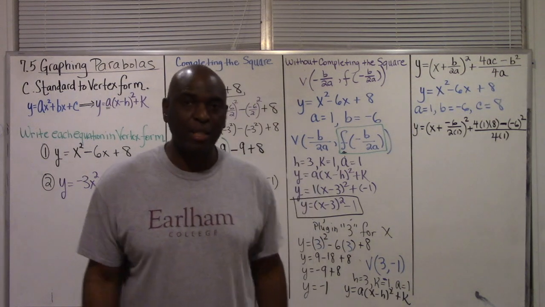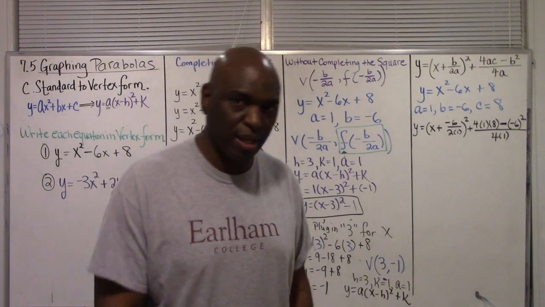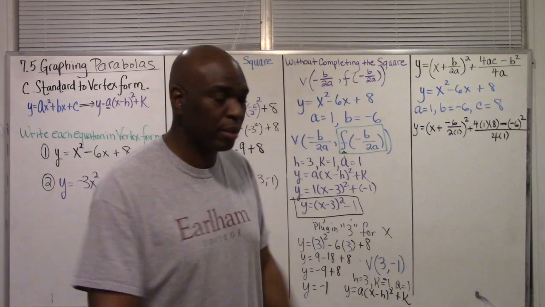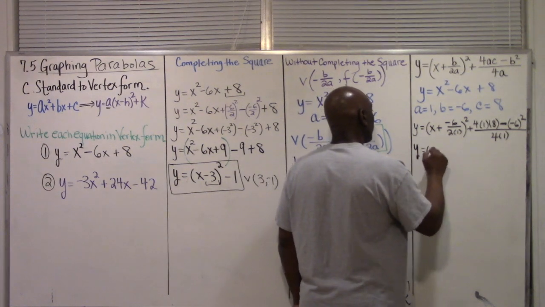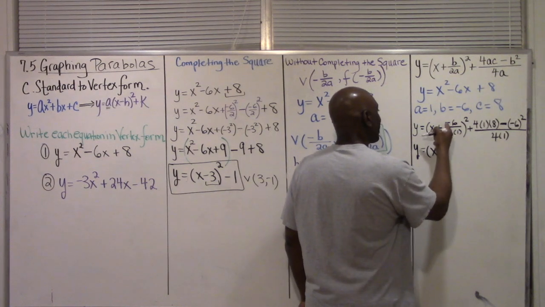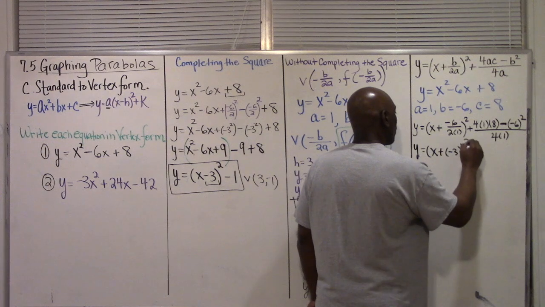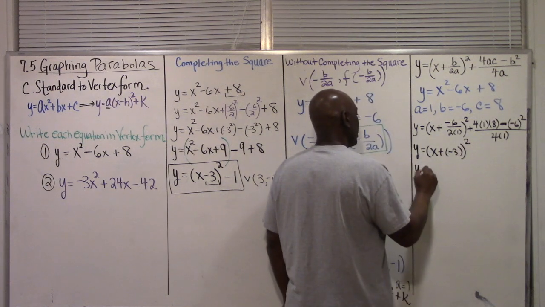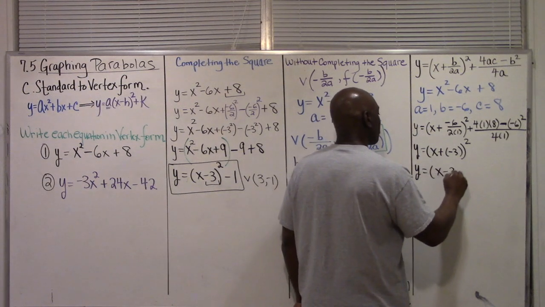Once everything is plugged in, do the arithmetic. That means multiply, subtract, add, divide, do the arithmetic. Okay. Y is going to equal x plus, what do we get there? Negative 6 divided by 2 is negative 3 squared. So y is going to equal, plus a negative 3 is just a minus, x minus 3 squared.